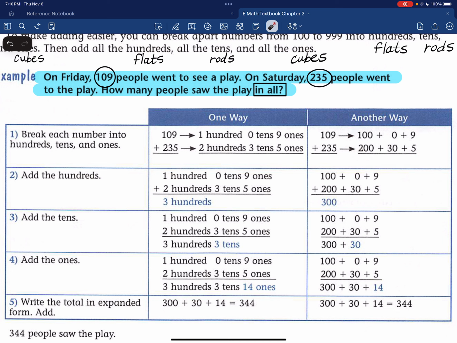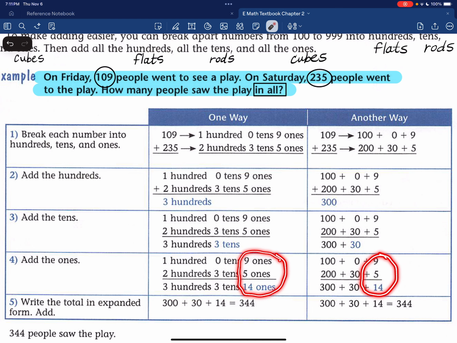Step 2, you will add the hundreds. So you get 3 hundreds, 3 flats, or you can get the number 300. Then you add the tens, and both of those are showing us how to do that. And then you add the ones.